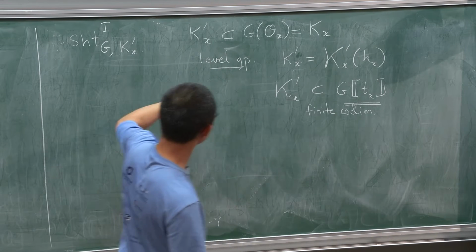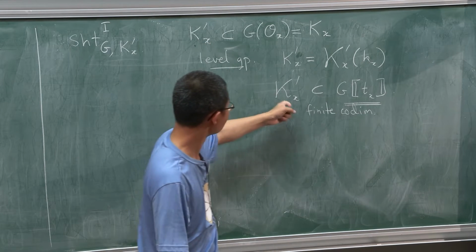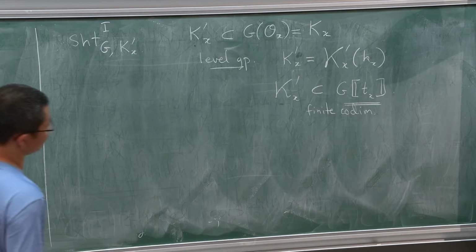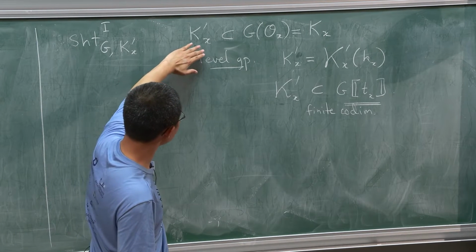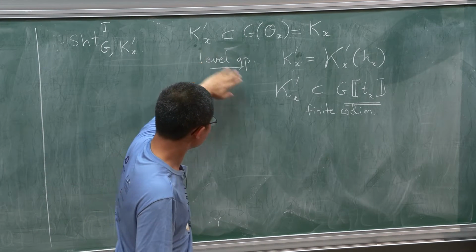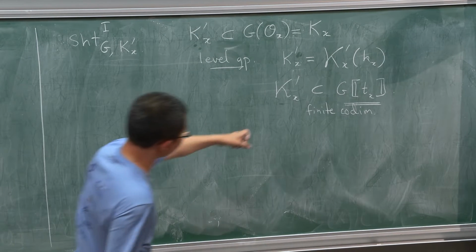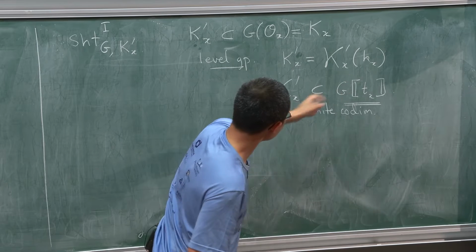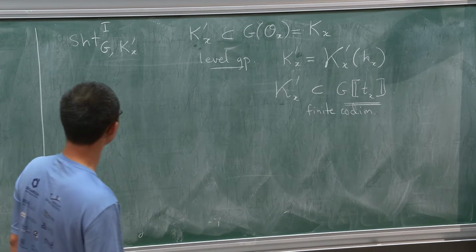To construct the moduli problem, we need some algebraicity of this level group. But in practice, this is not an issue. In practice, we take it to be a congruence subgroup, or Iwahori, parahoric. So all these come from k-points of some infinite dimensional pro-algebraic group.